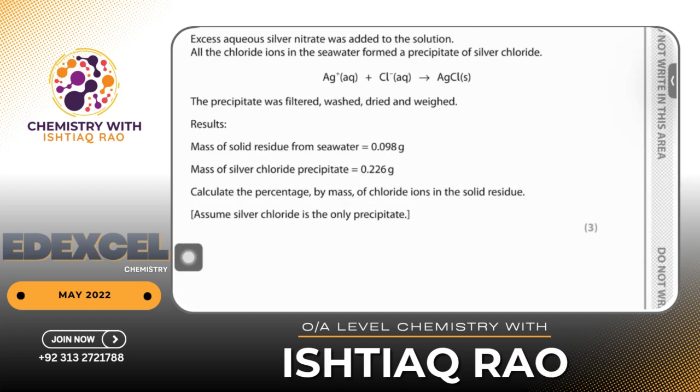Percentage means that the thing you are going to find out should be in the numerator, the total should be in the denominator, and then multiplied by 100. So first of all, we have to find out the mass of chloride so that I can find the percentage of chloride. For the mass, they have given you some information: mass of solid residue from seawater, then mass of silver chloride precipitate.